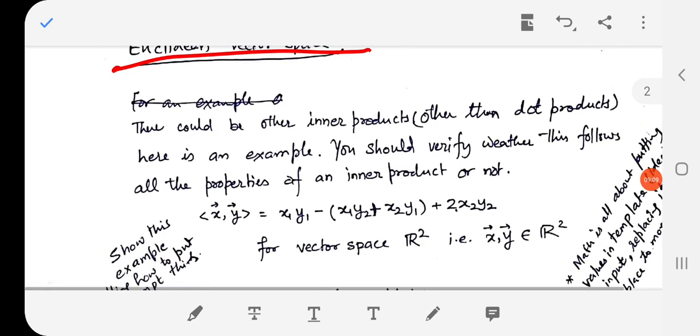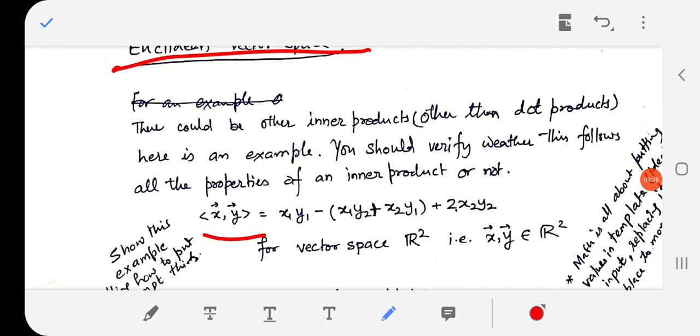Okay, so let us take an example of an inner product which does not look like the dot product. We have seen the dot product, but what other kinds of inner products exist? Let us see whether this particular thing is capable of being an inner product or not.